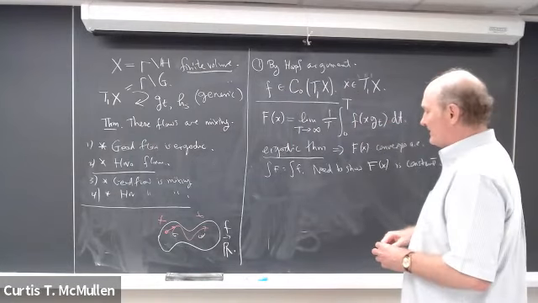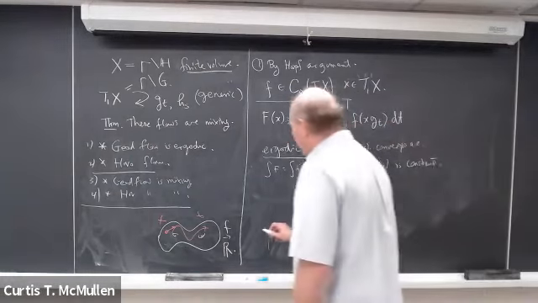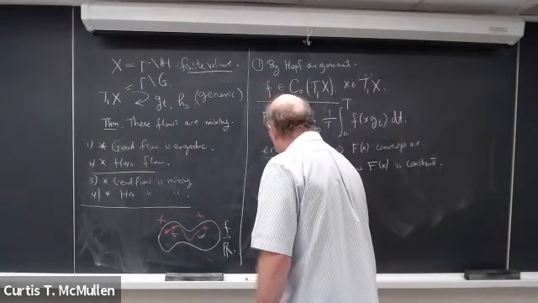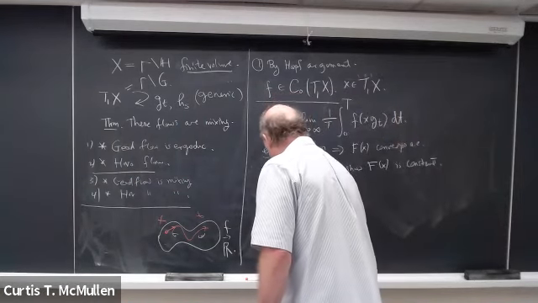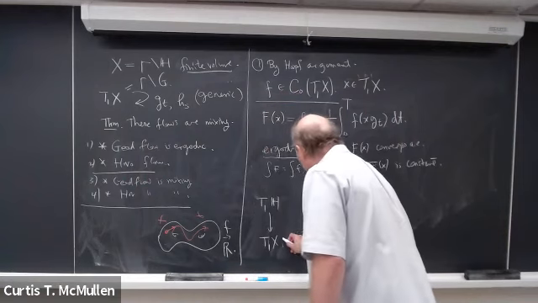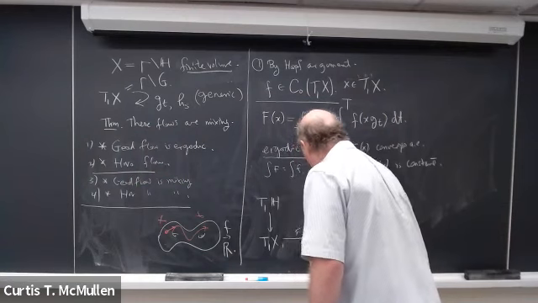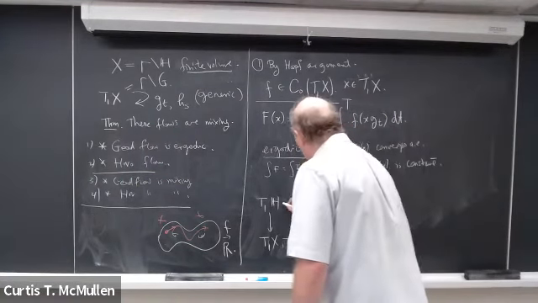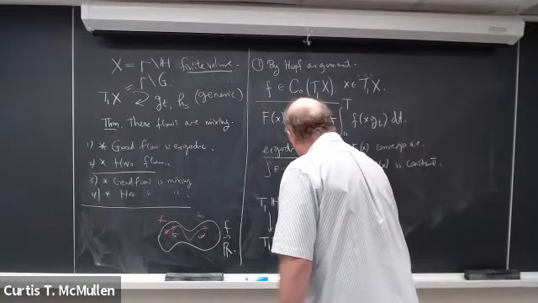That's what capital F is. So let's lift this to a function on the unit tangent bundle to H, just using the covering map down to T1 of X. So here we have our function capital F, and here we have its lift, F tilde.